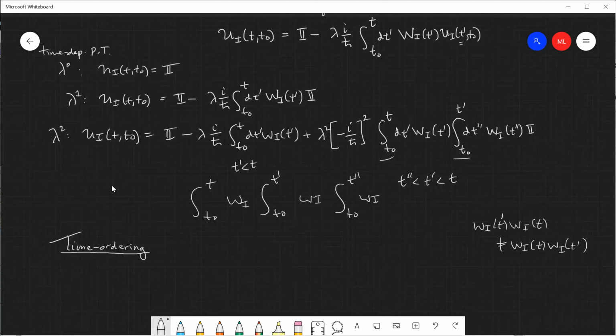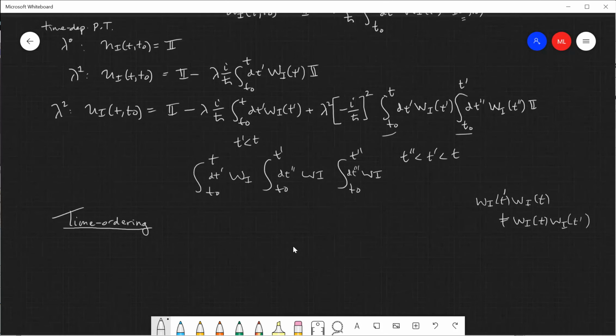Okay, so in order to simplify these integrals and not have them depend on each other, where this is dt prime, you want to avoid this iterative thing where the limit here depends on this variable of integration.